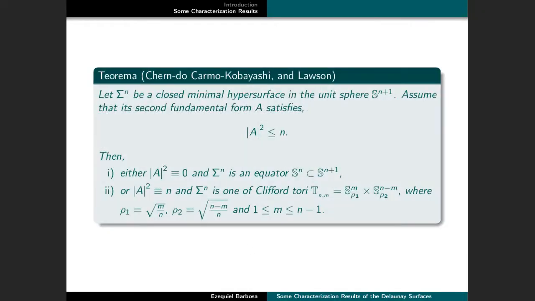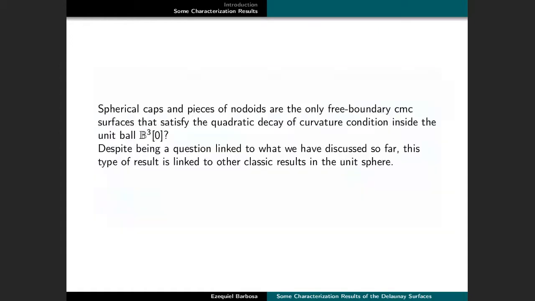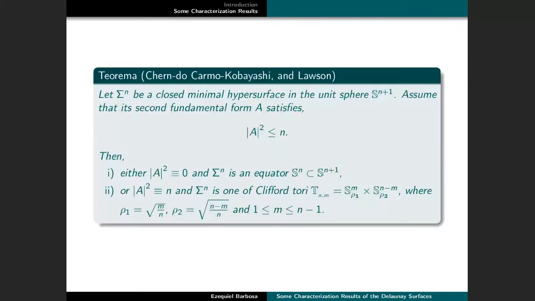This question is not just a question in order to extend the results, but it is connected with some classical results in the unit sphere. Actually, if you consider surfaces in the unit sphere, we have these two classical results.